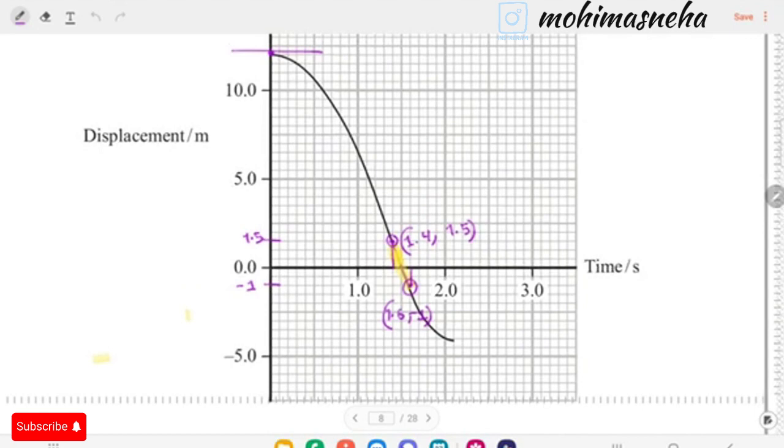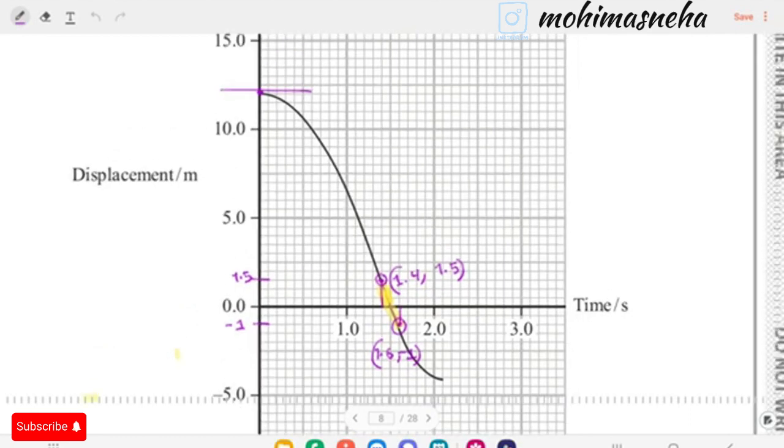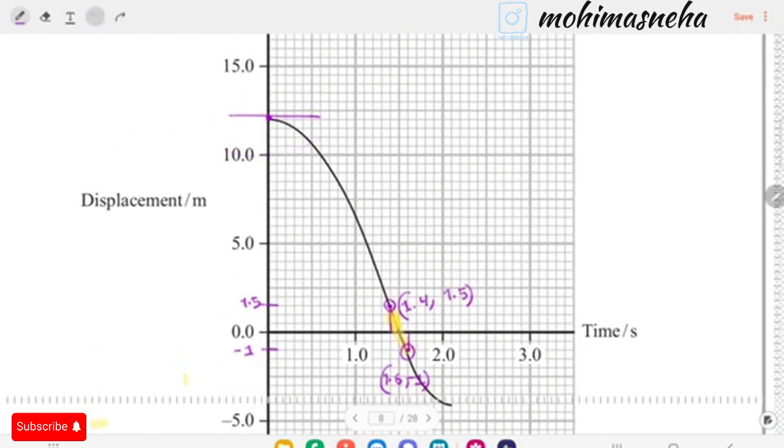So this was the distance over the entire course of the journey, and we already know initially the velocity was zero, as we can see from the graph. It has a flat horizontal tangent at the very start whose gradient is zero, so the initial vertical component of the velocity was zero.